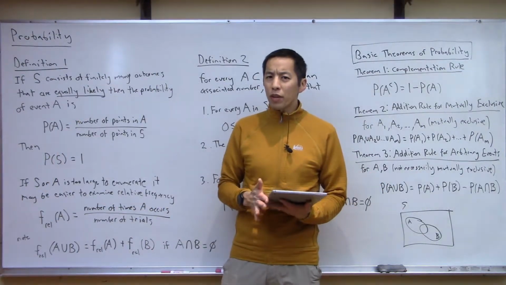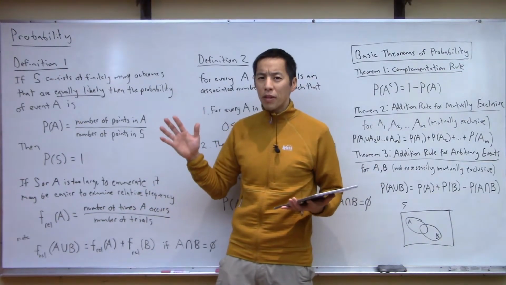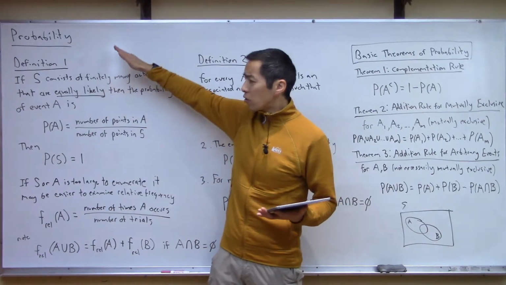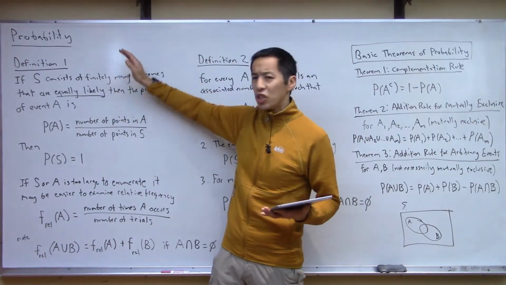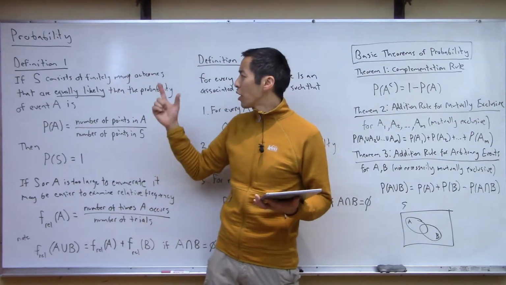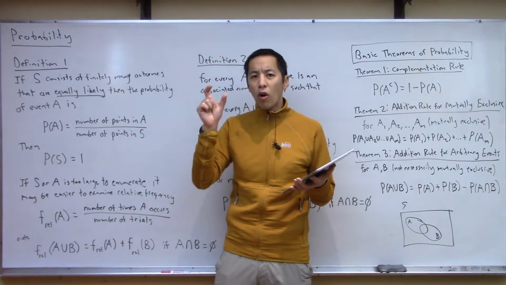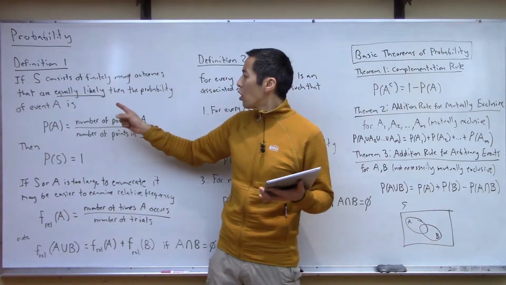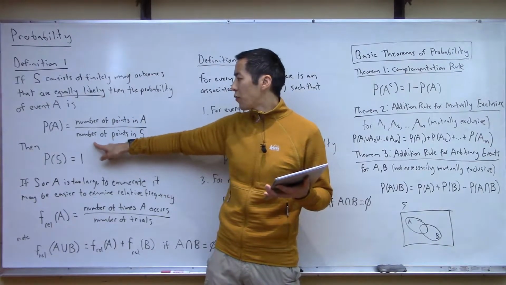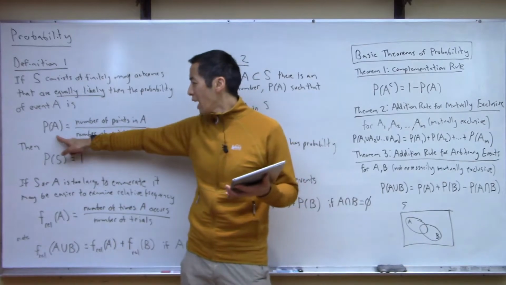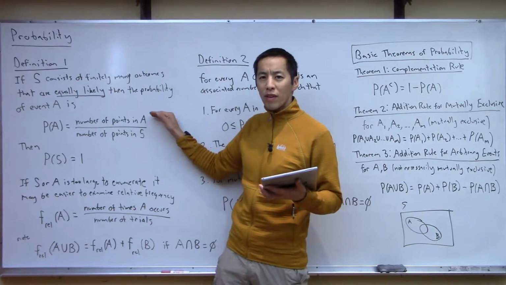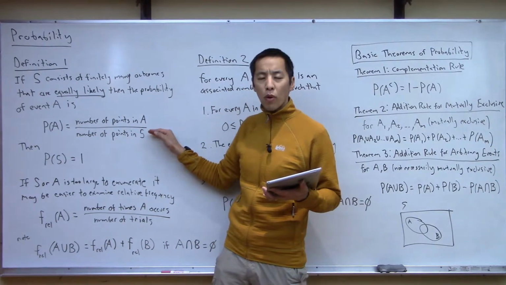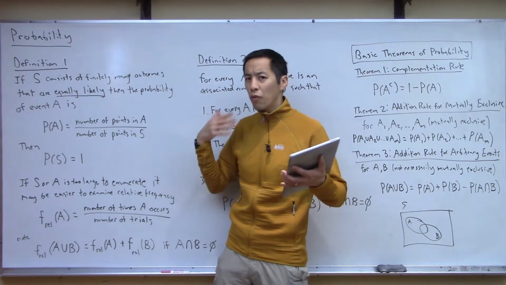All right, so now we're really ready to tackle the idea of probability in a formal sense. Let's look at a couple of definitions. The first definition: let's consider a situation where you have a sample space S where all of the points are equally likely to occur. If that's the case, you can define the probability of an event A as the number of points in A divided by the number of points in the entire sample space S. Hopefully that makes good sense.